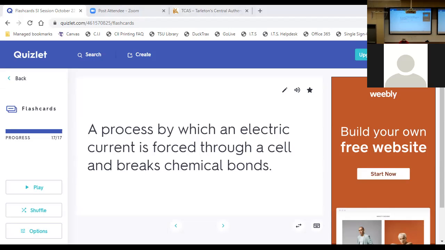It's 1 over 96485 amp seconds per mole of electrons. And the reason that's on the bottom is just so it can cancel out the units easier.